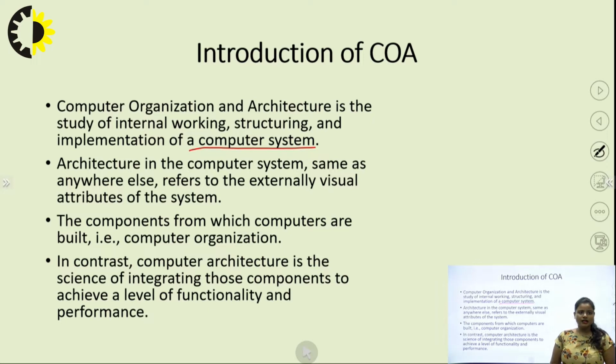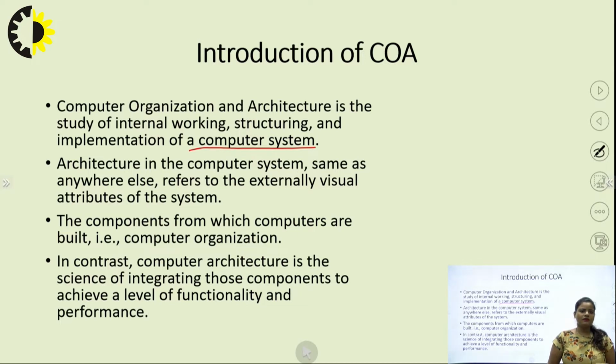If we talk about architecture, it is the same as anywhere else. Like in real life, we see how a building looks. Basically, it refers to the externally visible attributes of the system, and also the components from which computers are built. That is basically computer organization.